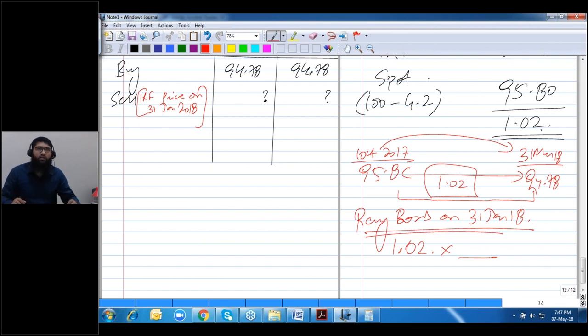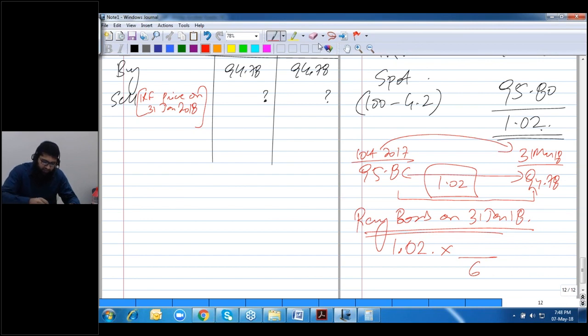How much is the time period between 1st October 17 and 31st March 18? We've got October, November, December, January, February, and March. So it makes it 6 months. So this 1.02 difference is going to be spread over the 6 months period.